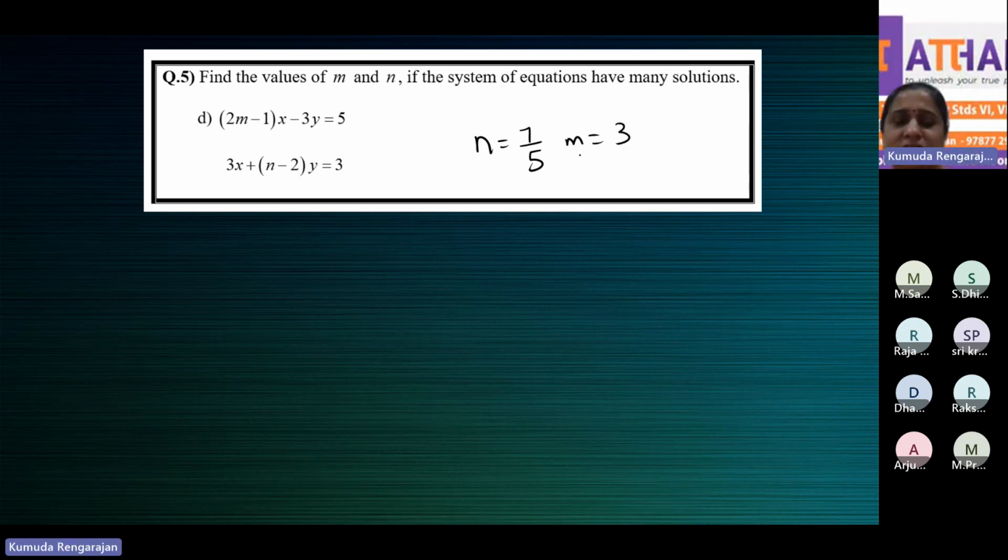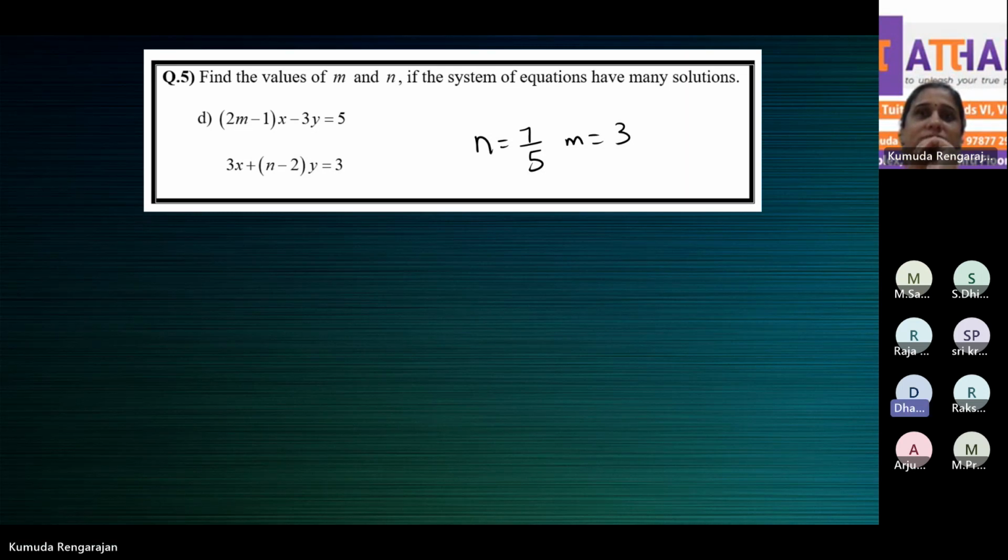Correct, this one? Yes, ma'am. Okay. Are you people stuck, like you're not getting equations to find the values of m and n? That is, you have equations, but you don't know how to find m and n. Are you stuck like that?